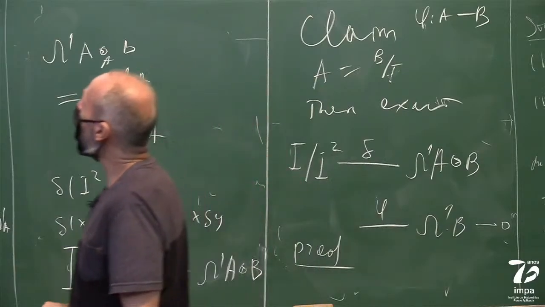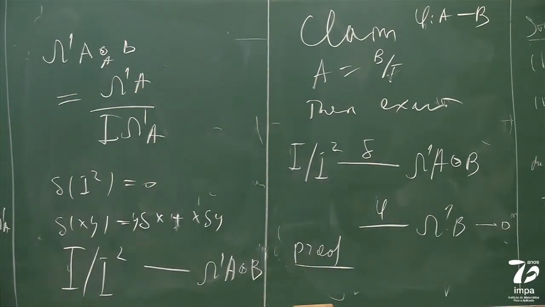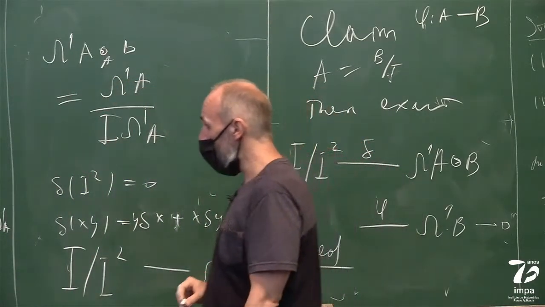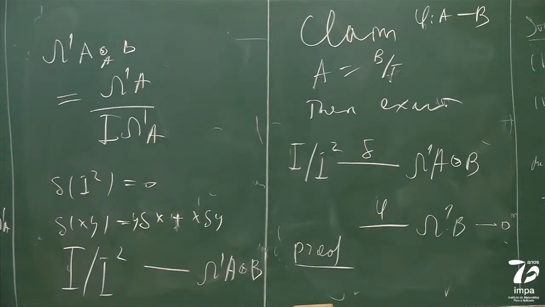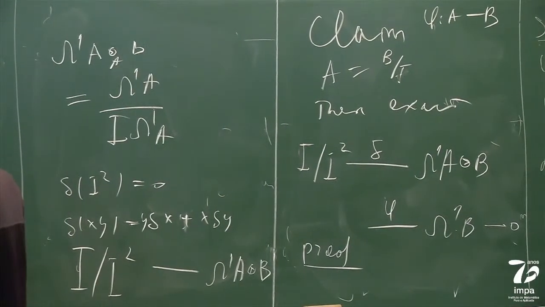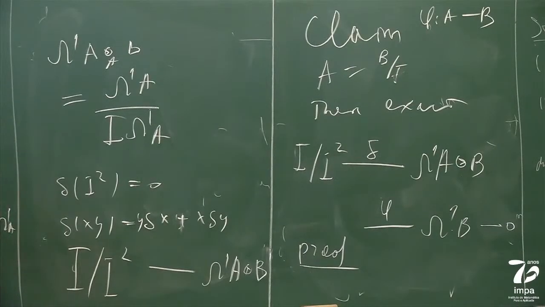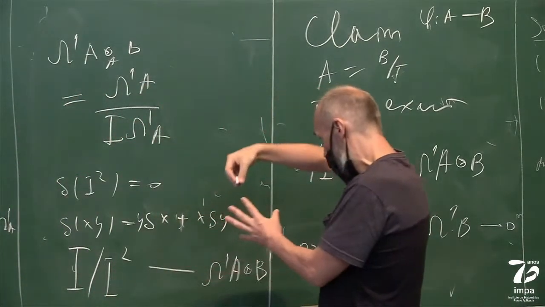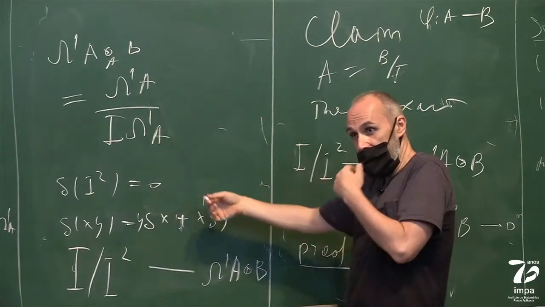There are some things which are entirely obvious. For instance, this composition vanishes, because if you have some x in I, it's mapped to dx, but then you apply phi to both sides.